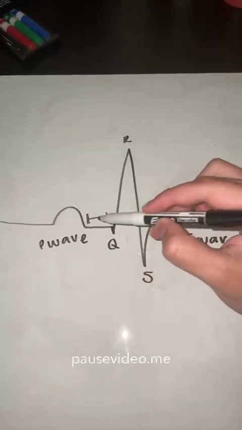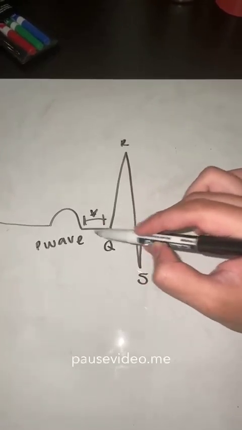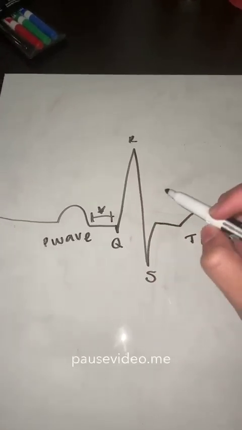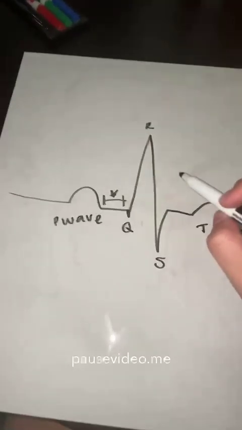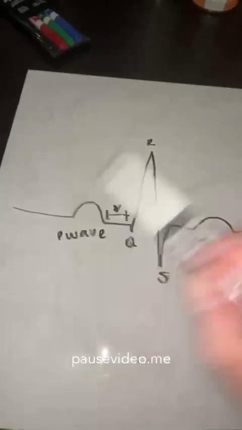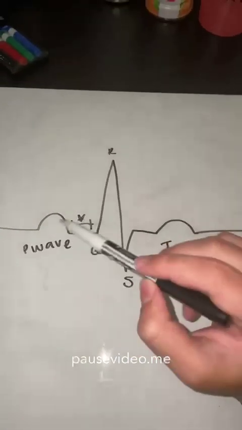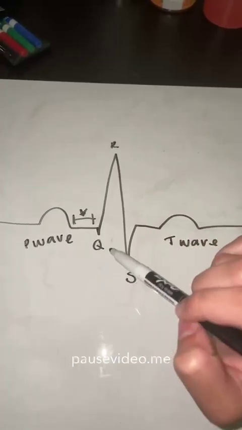This is what I was mentioning earlier, right here. This is known as the AV nodal delay, where I said that because of the dead cells in that area where the AV node is, there will be a delay in the EKG.